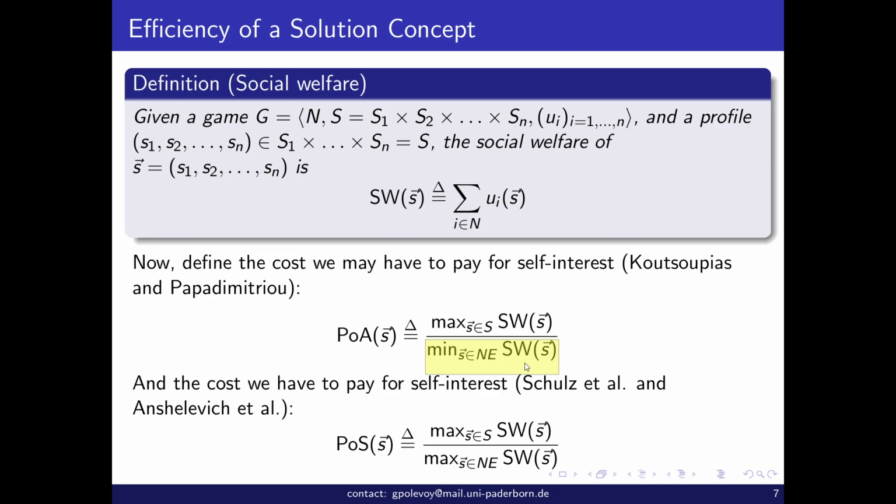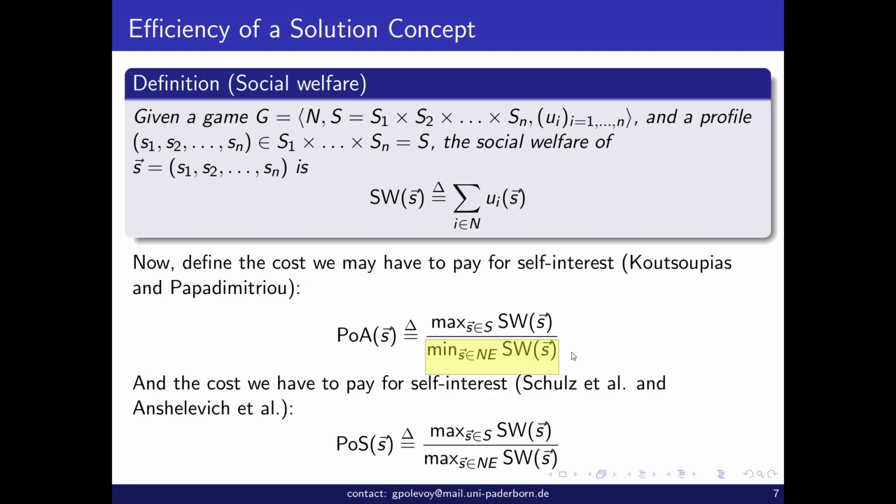So what is the worst equilibrium with respect to the social welfare notion, and how many times is it worse than the maximum social welfare in general? What is the ratio between what we could have got and what we have actually got?